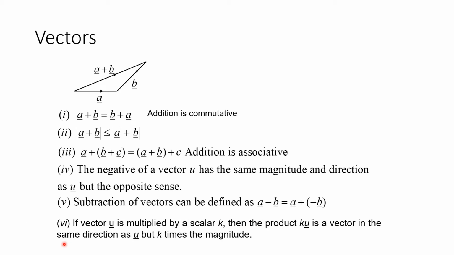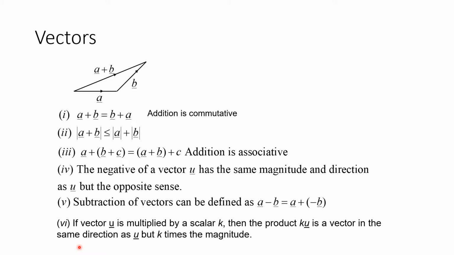The next important reminder is if you multiply a vector, say U, with a scalar K, so K can be any number or any scalar, yeah? Then the product Ku is a vector in the same direction as the initial vector U, because K didn't change the sign.